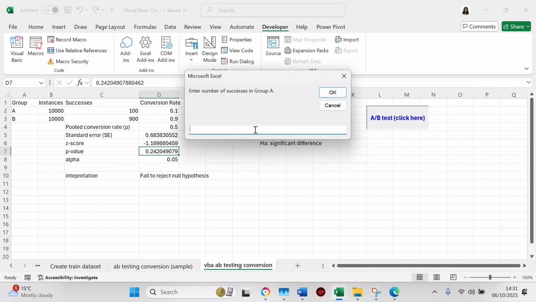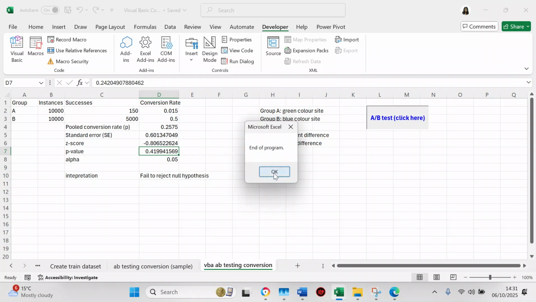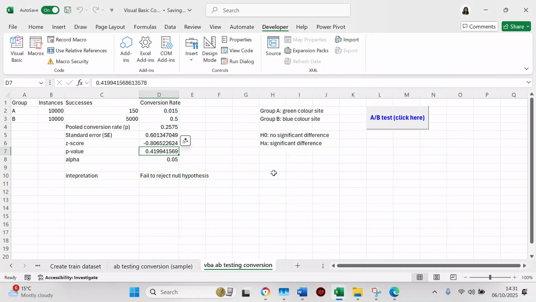And then for green, it's going to be 150. And for blue, it's going to be 5,000. So it's still not working. It's still 150 to 5,000. So there's definitely a problem here that I'm going to have to look into.